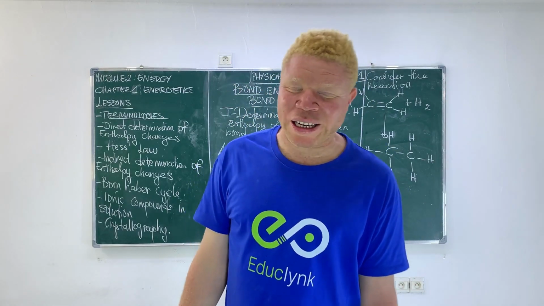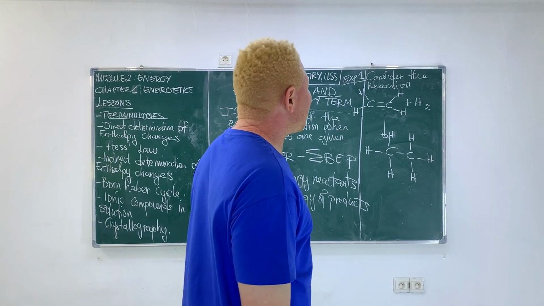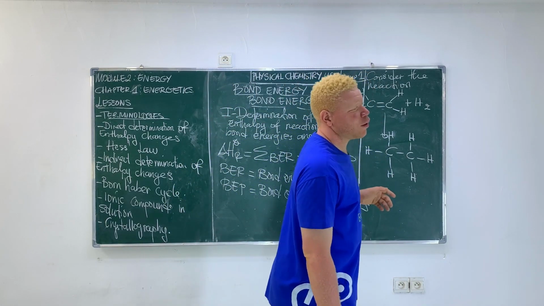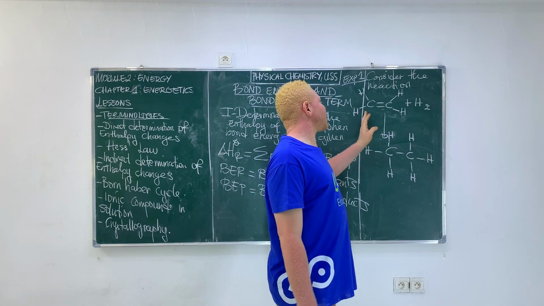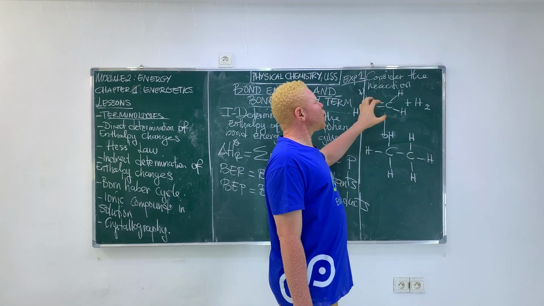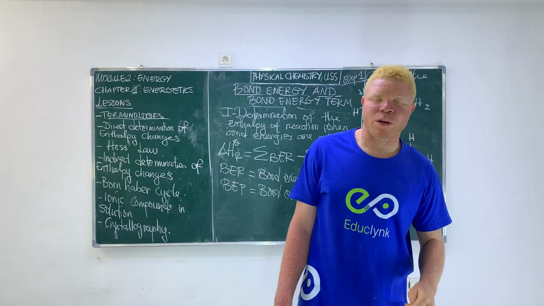This reaction is a hydrogenation reaction. You all know that hydrogenation means the addition of hydrogen. The addition is a syn addition, meaning the hydrogens add on the same side. So in this case, we're moving from an unsaturated compound to a saturated compound.